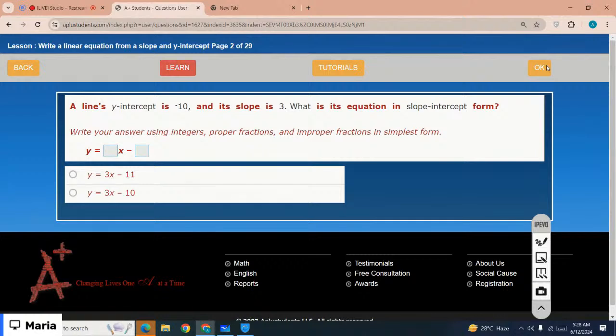The slope is 3 and the y-intercept is negative 10. The correct option is y equals 3x minus 10, right? Because the y-intercept is negative 10 and the slope is 3. So y equals 3x minus 10.